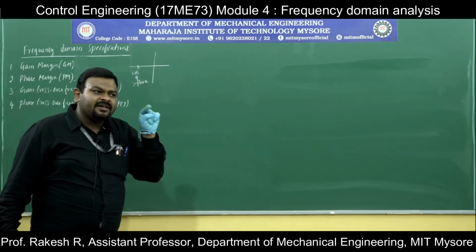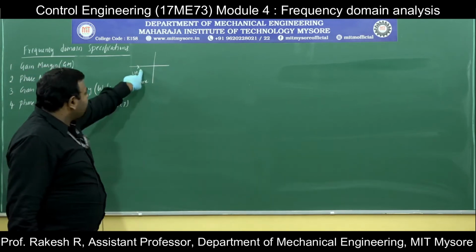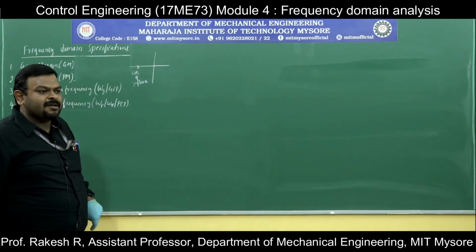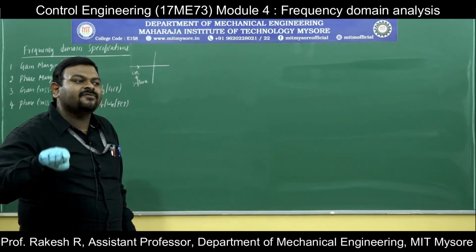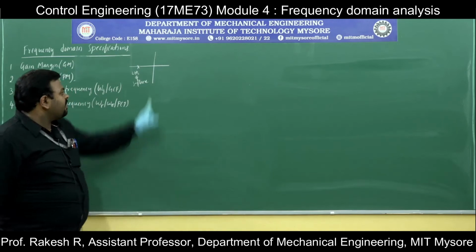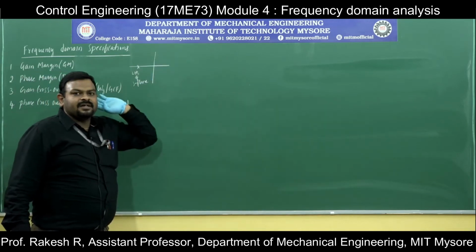By taking that into consideration, we will be comparing that with the left hand side of the S plane, and we will be writing what the stability is. That's why it is a measure of relative stability, because we are doing the other part.